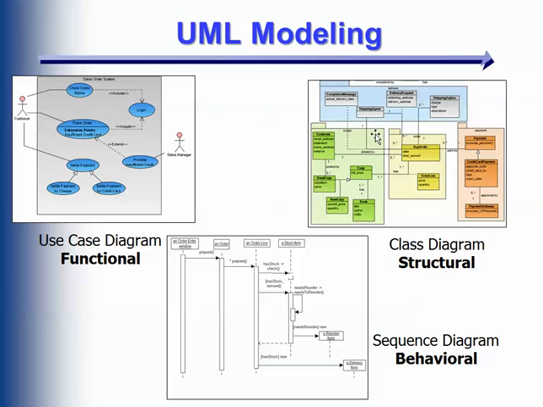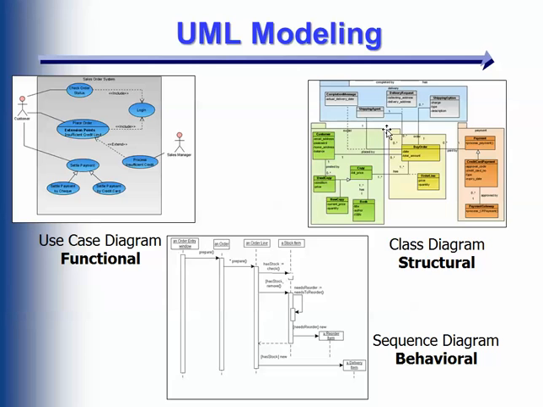Another diagram, on the right hand side upper corner, is the class diagram, and it captures information about the data that's going to be represented by your system. So if you were talking about a warehouse, for example, different aspects of your warehouse might be equipment in the warehouse, there might be orders, there might be order line items.